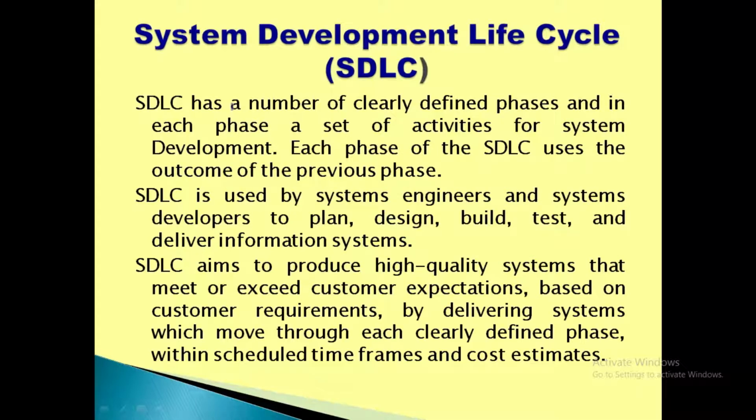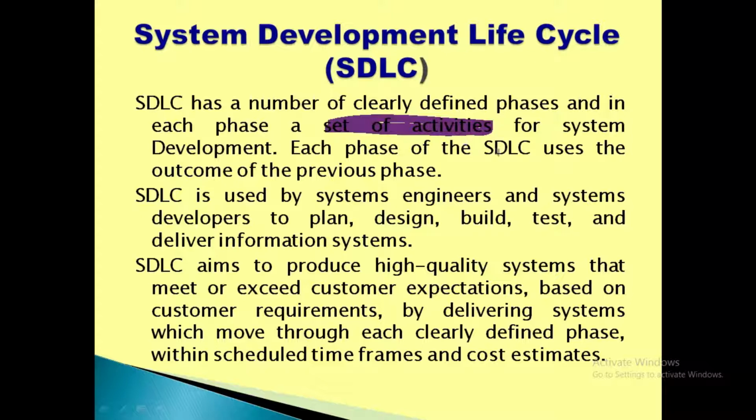Now again, SDLC defines a number of clearly defined phases, and in each phase a set of activities for the particular system. In SDLC, you have multiple phases which are clearly defined, and in each phase there are certain set of activities for the development of system.